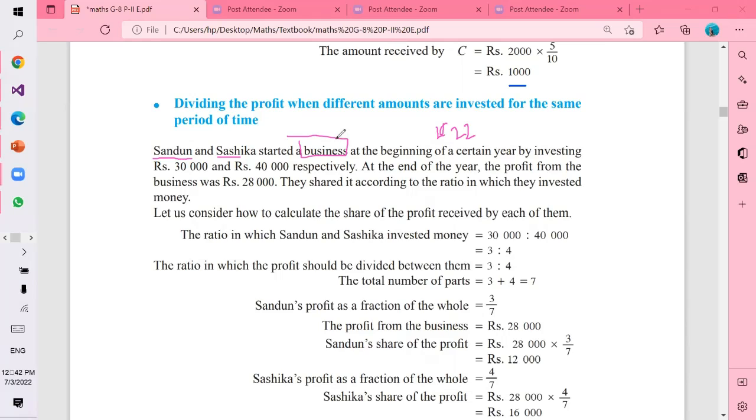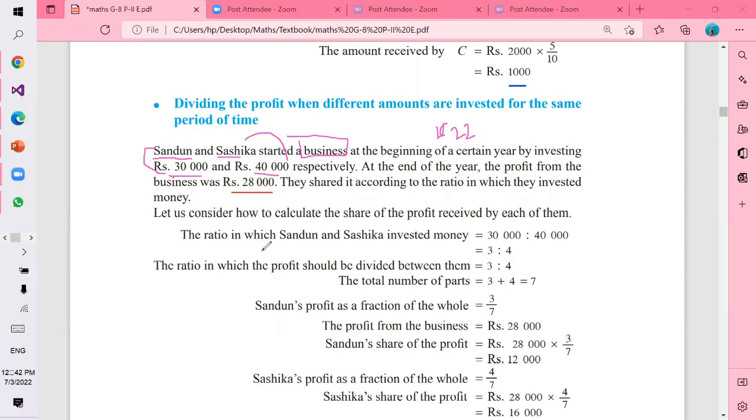Maybe they started a bakery. So they invested 30,000 and 40,000. Investing means you put the money to develop the business or manage the business. Sadun invested 30,000 and Sashika invested 40,000. So at the end of the year, the profit they gained was 28,000.